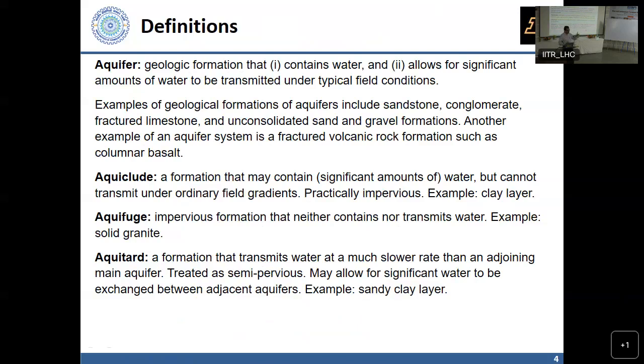So the important thing is because their conductivities are less, they are still able to have water be confined and under pressure. So a confined aquifer might have semi-pervious layers both on the top and bottom and still be able to develop pressures. So these are some of the terms that we will be using.